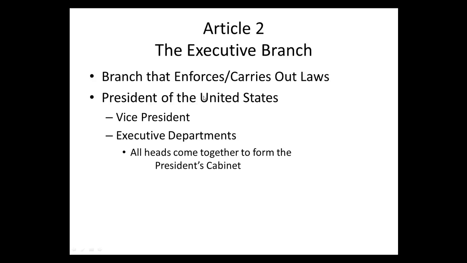But back to enforcing the law. It's up to the chief executive to make sure that a law is being carried out. The governor of Utah will quickly remind everyone that they do not allow polygamy in Utah.